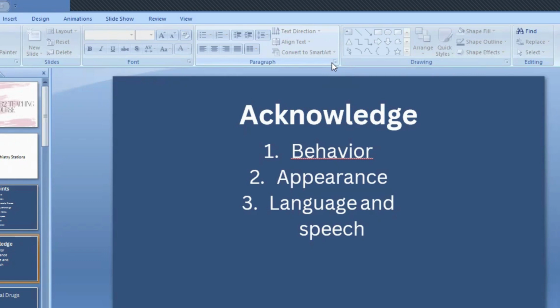For example, if the patient's appearance is unkempt or dirty, then of course you should not mention it or acknowledge it, but you should keep that in mind. While making a management plan, that gives you an idea of the impact of the illness on the patient's daily activities.